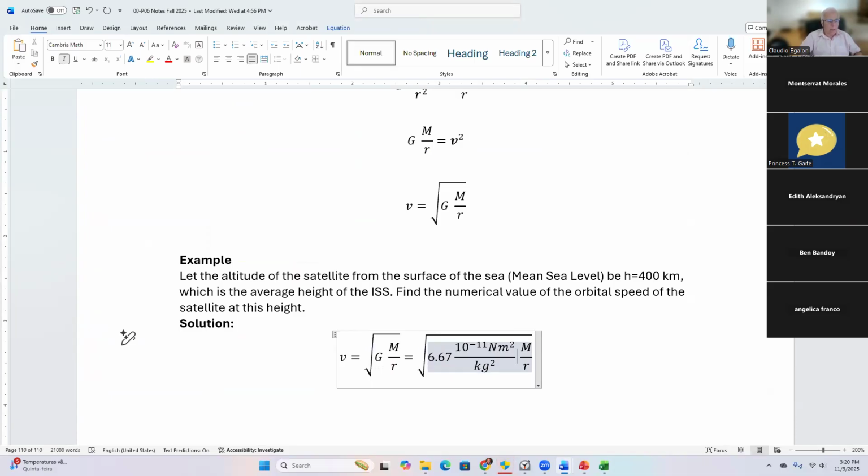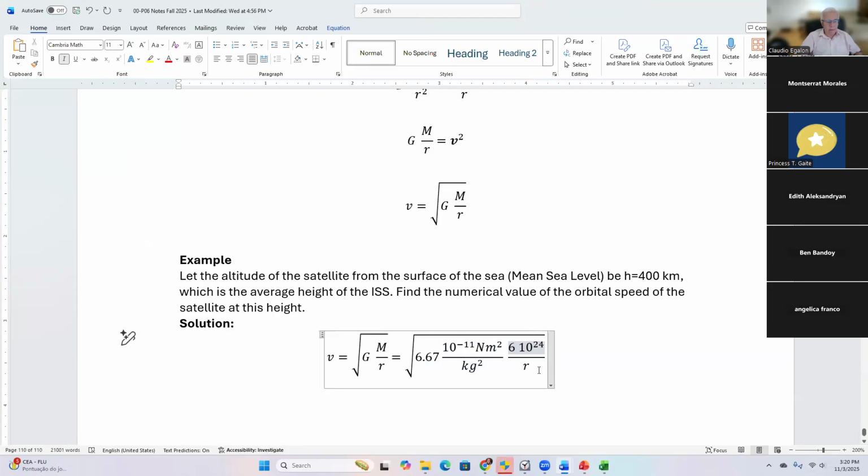The mass of the Earth is a ridiculously high number, 5.97, which can be approximated to 6, times 10 to the 24.